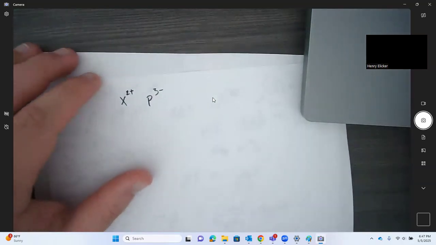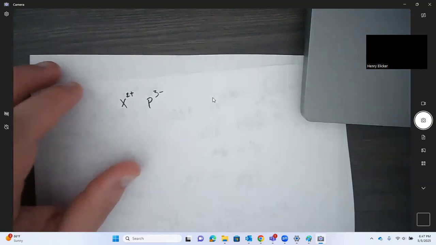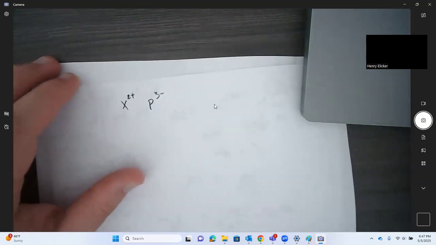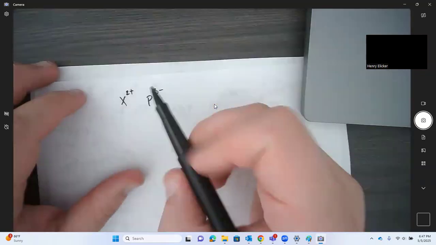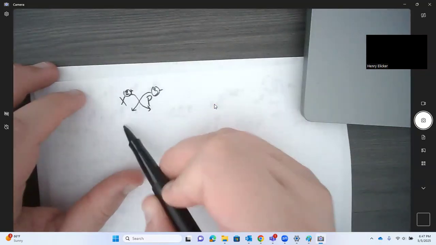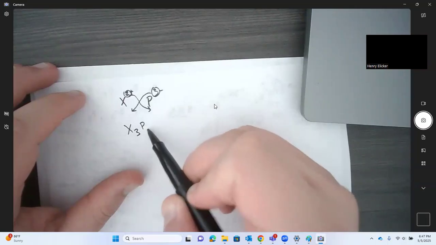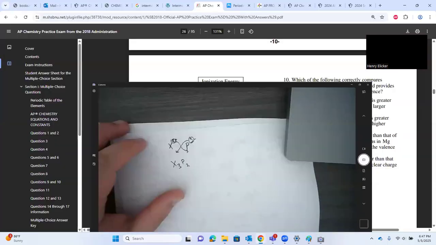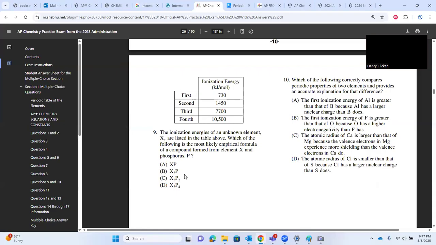So it means it will naturally be 2 plus, because anything else will require too much energy. So it tends to be an X2 plus ion. You can cross these just like a normal compound and say this is X3P2, and that should be the answer, which is going to be C.